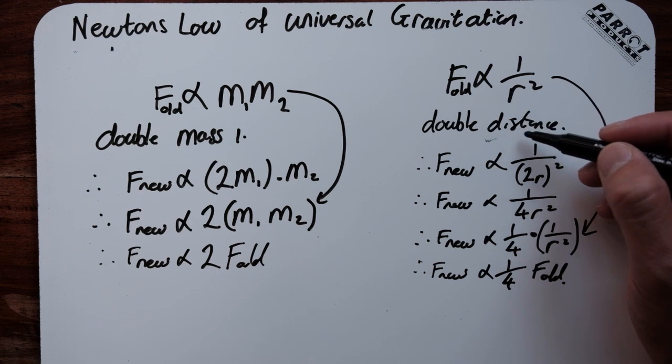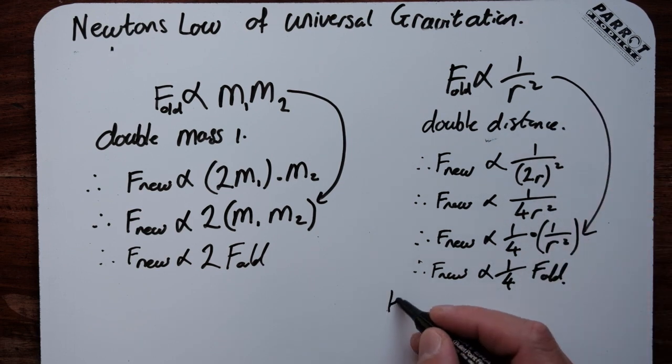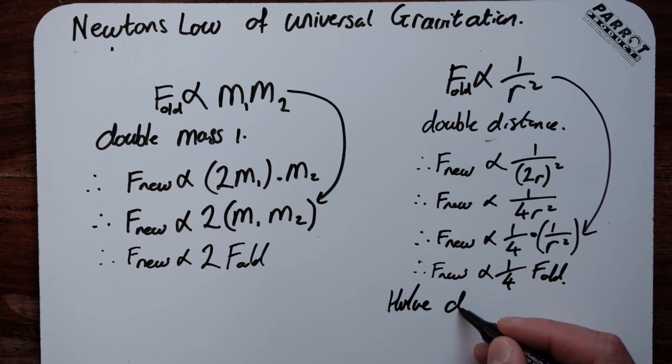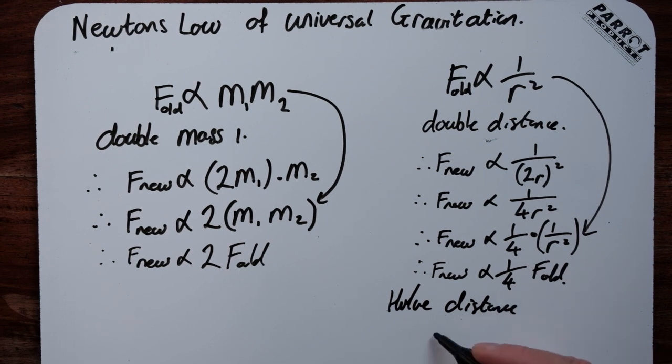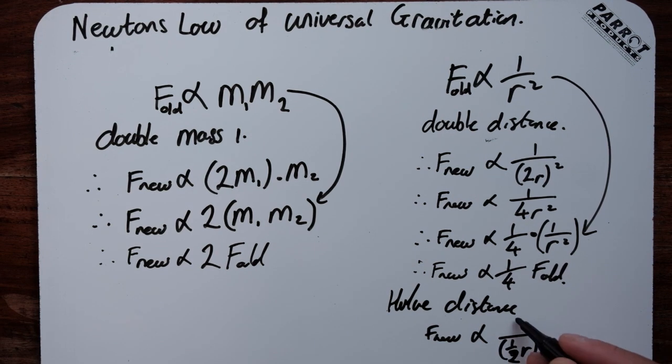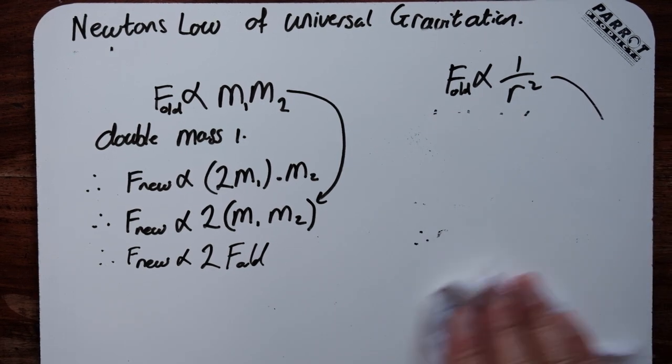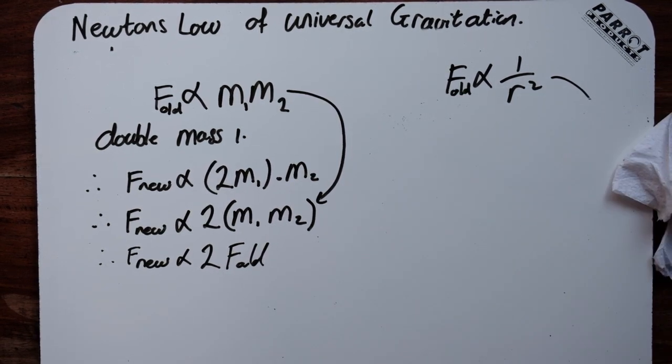And if the distance were to decrease, let's say we halve the distance, the new force would be proportional to 1 over (1/2 r) squared. So therefore it would have 1 over 1/4 r squared. Now let's rewrite it here.